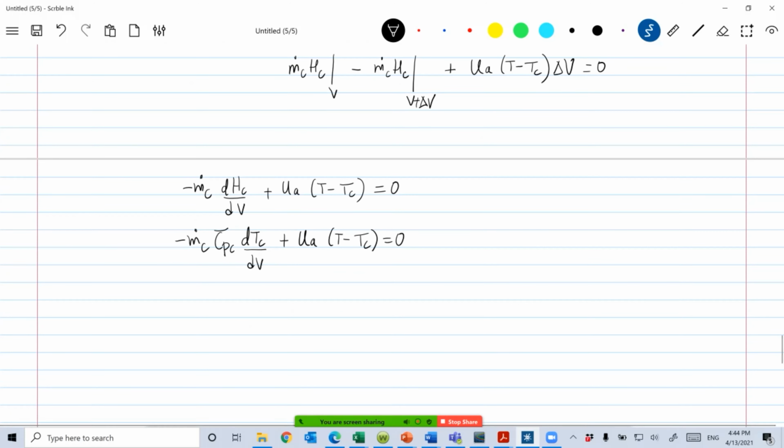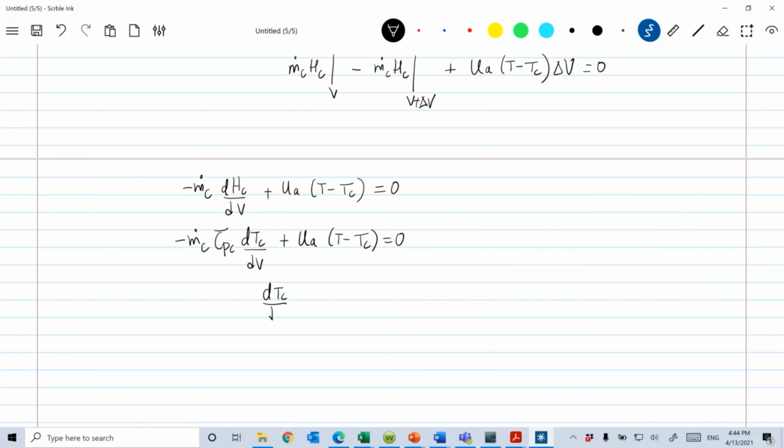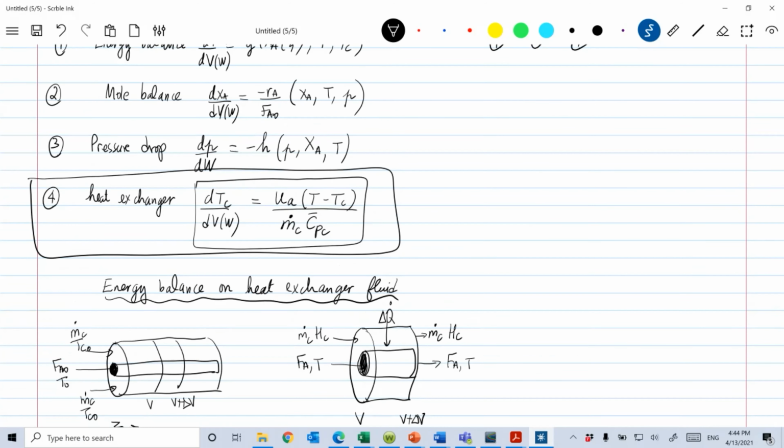Now we can solve for dTC/dV, and that's just UA(T minus TC) divided by the mass flow rate times CPC. So this is how you came to the energy balance on the heat exchanging fluid. I hope that's the same thing I wrote up here. Yeah, that's right.